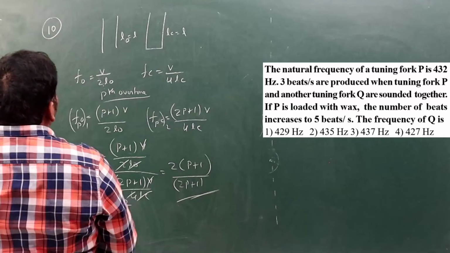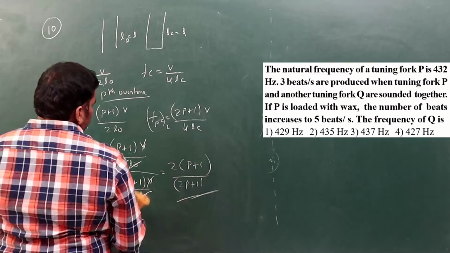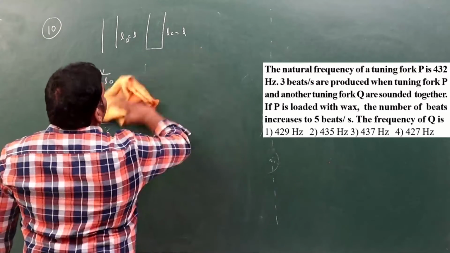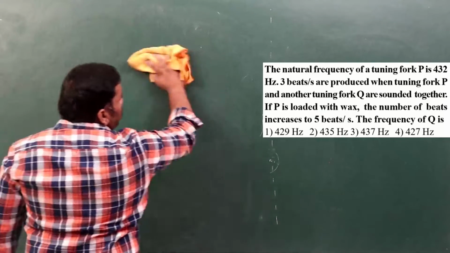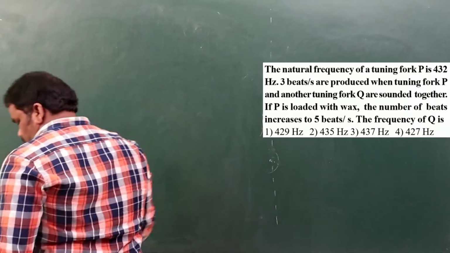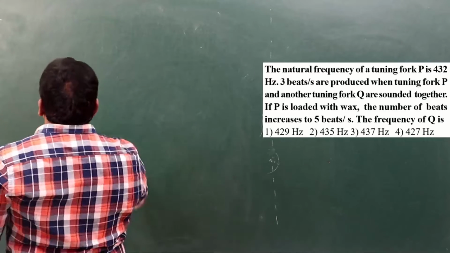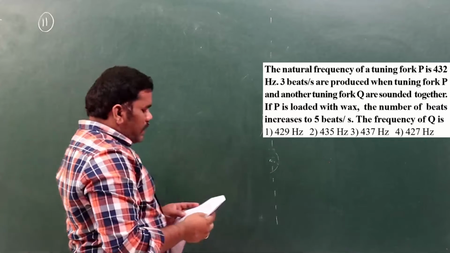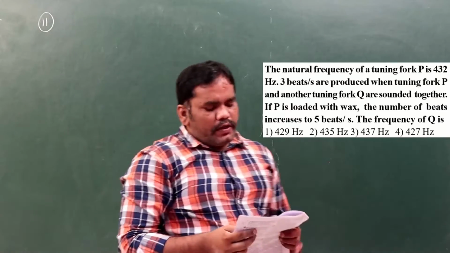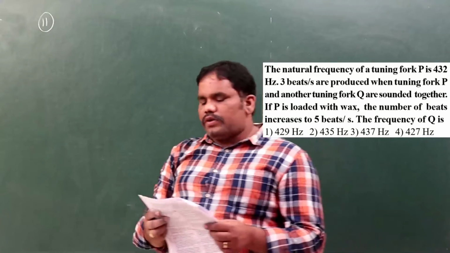Next, question number 11. The natural frequency of tuning fork P is 432 hertz.